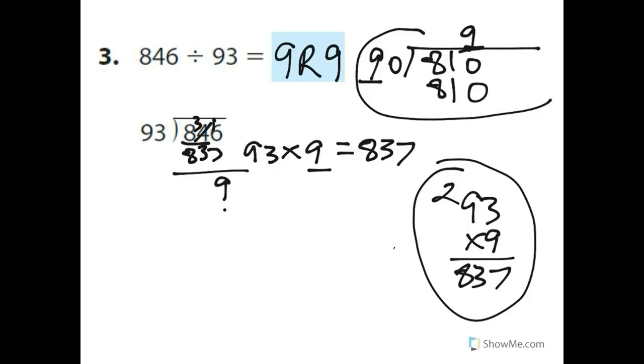So our estimation gave us a good number. We may have had to do 8, but in this instance, we could do 9. You see that? It gets us close to the digit that we need. And in most cases actually, it gives us the first digit. A lot of work that you have to do.